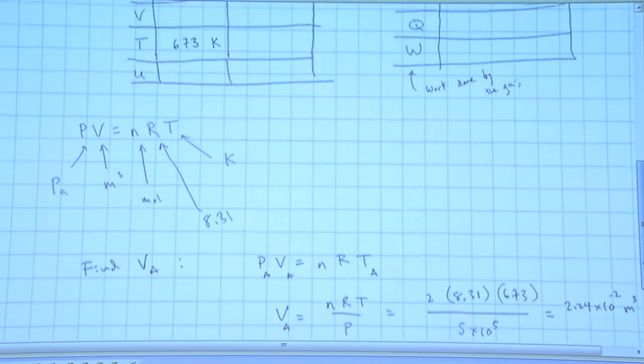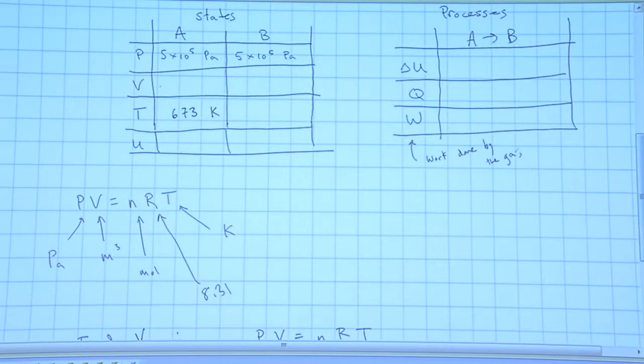So I'm going to go ahead and enter that into my table. Oops, that's a negative 2. There we go. So I could solve for that right off.